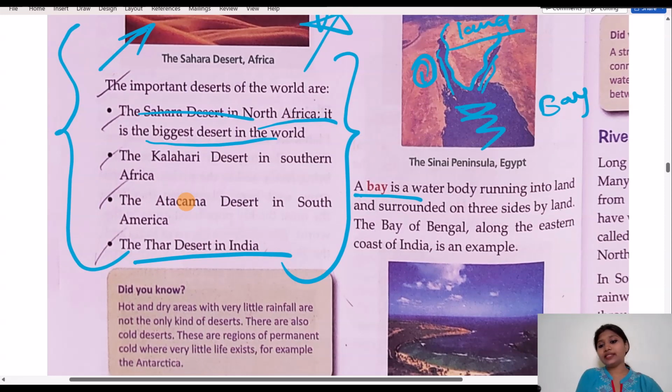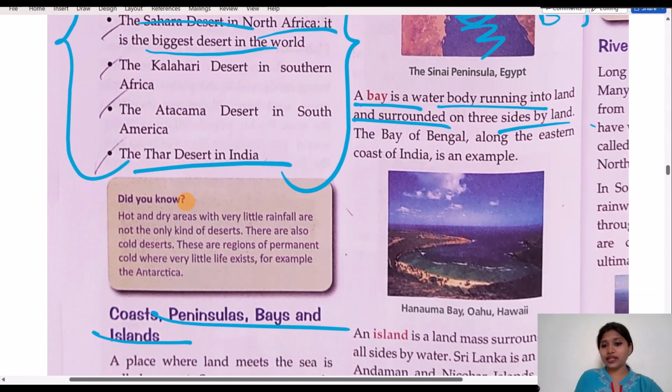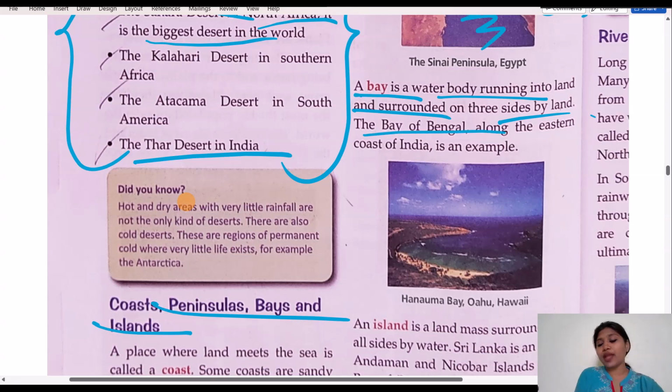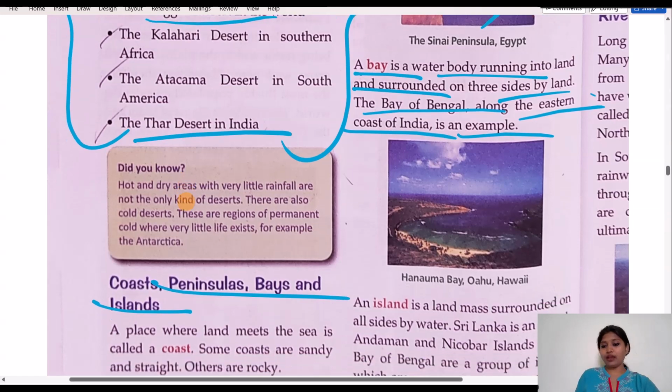See, a bay is a water body running into a land and surrounded on three sides by land, है ना? तो इसलिए we can call. See, here is also given the Bay of Bengal along the eastern coast of India is an example. So our India also is a very good example of the Bay of Bengal.